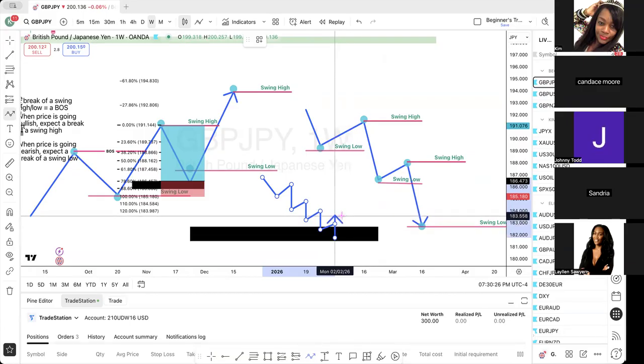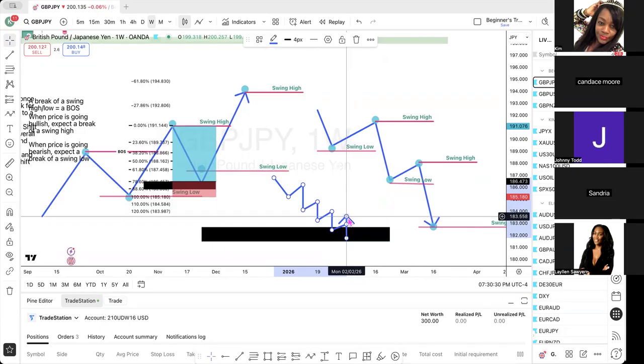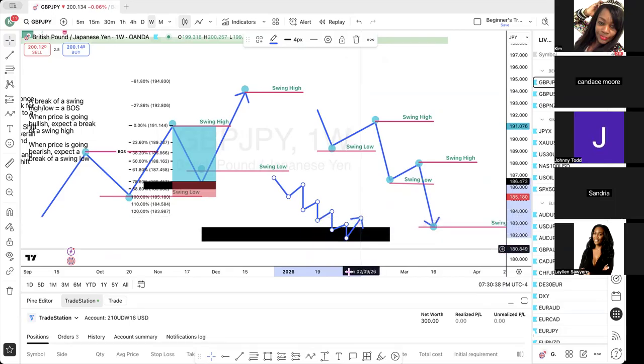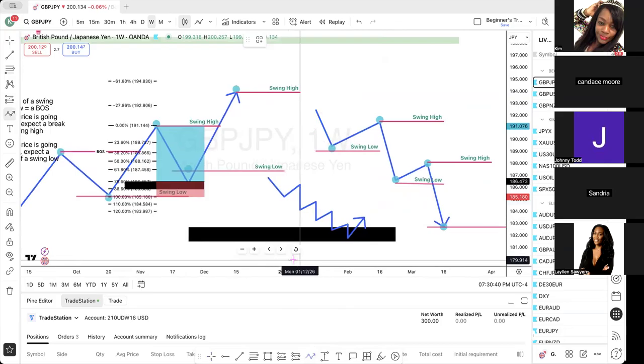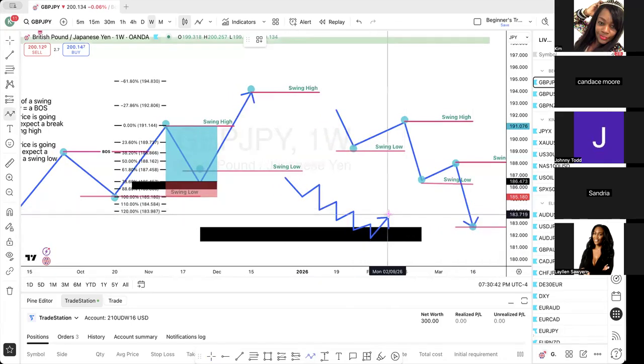Once price breaks that high, that is your market structure shift. So you got to have a break of structure, and then you have to have a shift in structure. Once you get that shift on a lower time frame, I usually watch it on the 1 hour or the 4 hour. Then I set my limit.